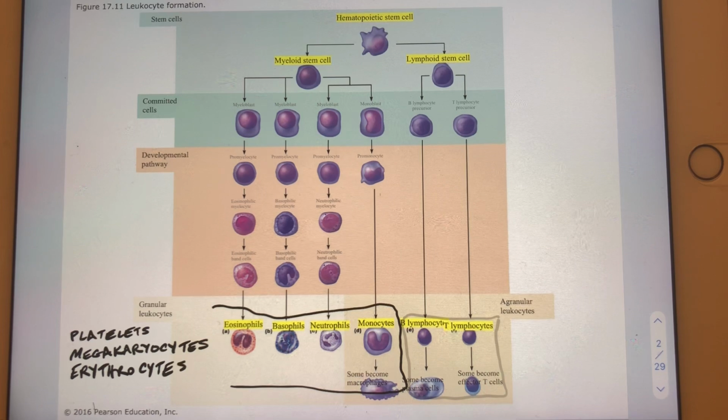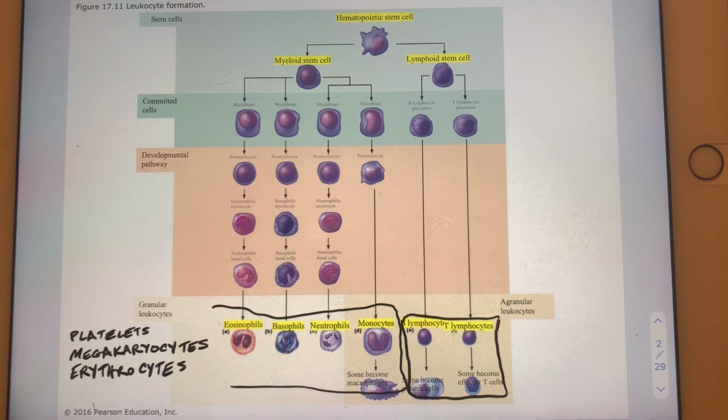They all arise from the myeloid stem cell line, okay? Whereas the lymphoid stem cell line gives rise to lymphocytes.